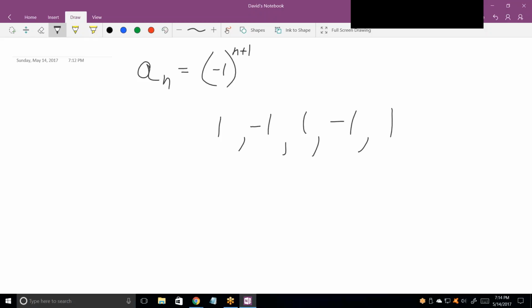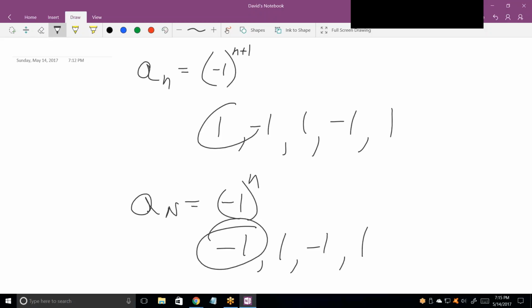And the only difference between this and if I had the following sequence where I put the -1 and started it to the nth, well, that sequence is minus 1, 1, minus 1, 1. In other words, it's still alternating. It just starts with the minus instead of the plus. So sometimes you'll see it to an n plus 1, sometimes you'll see it to an n, depending on whether you want the sequence to start with a negative or a positive.